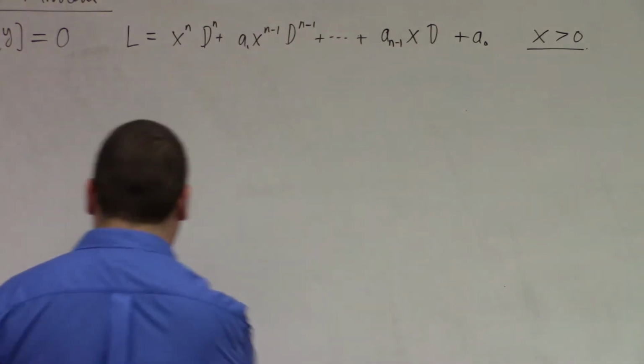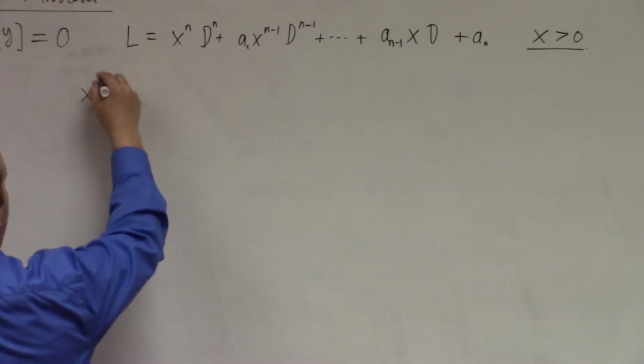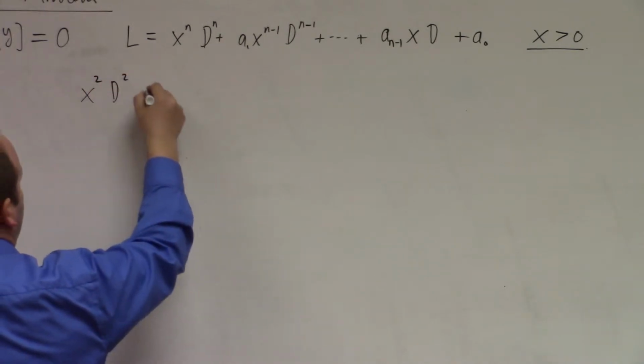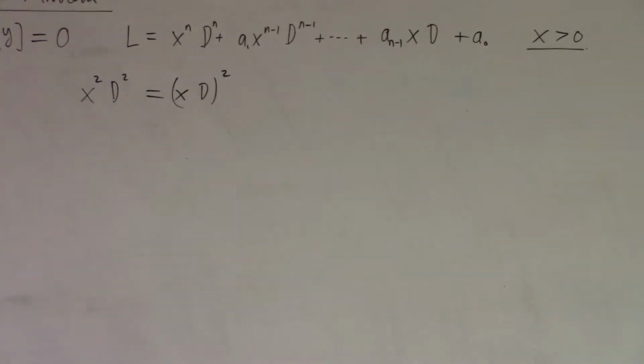All right, so here's the trouble. It is not true that x squared d squared is equal to xd squared, for example. These are not equal.